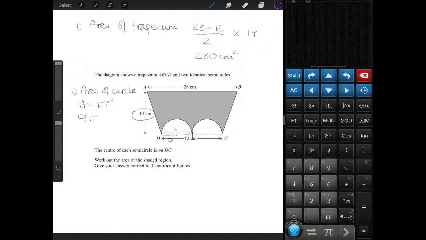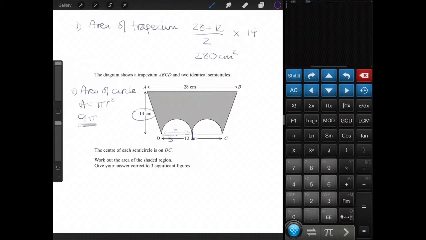The question says, work out the area of the shaded region. Now, you'll notice that at the moment I'm leaving that as 9 pi, because once I evaluate it and give an approximation, that could affect future calculations within the problem. So I'm going to keep it like that to start off with.